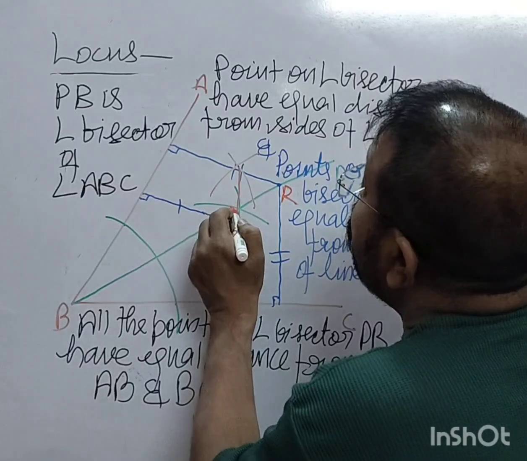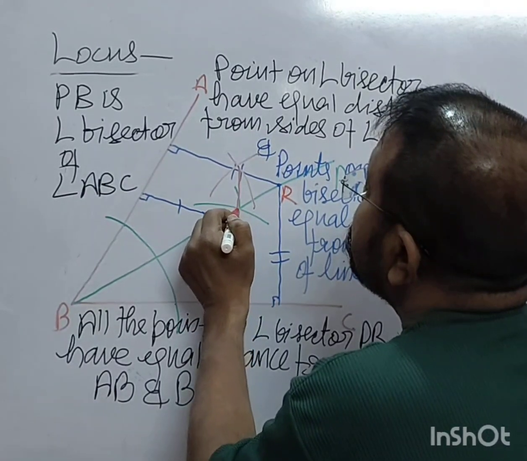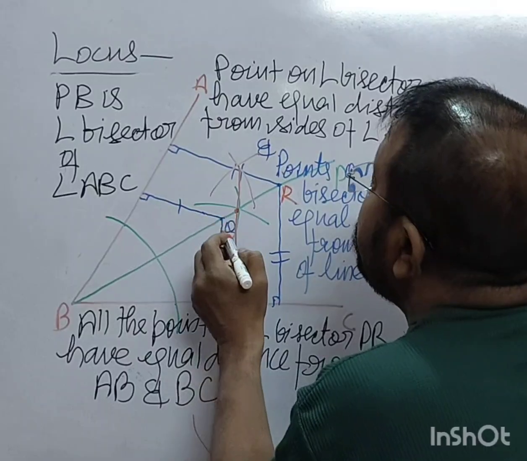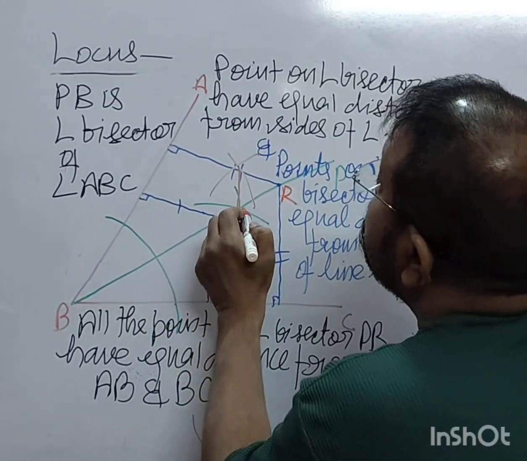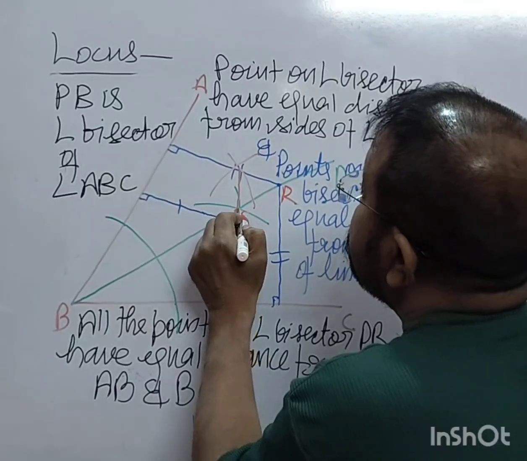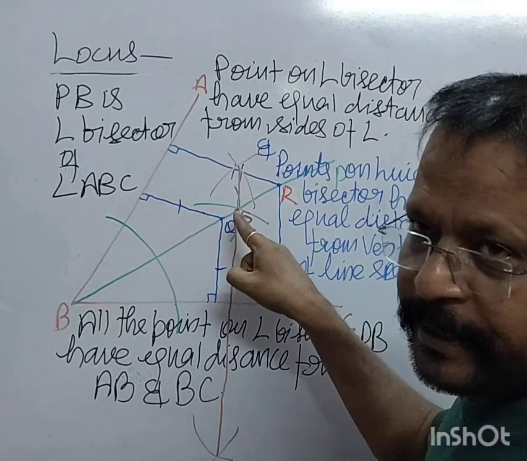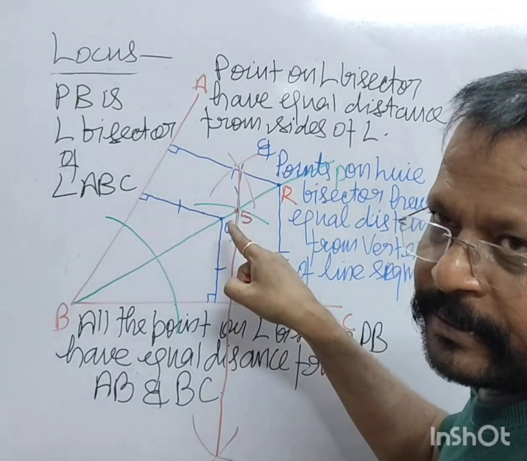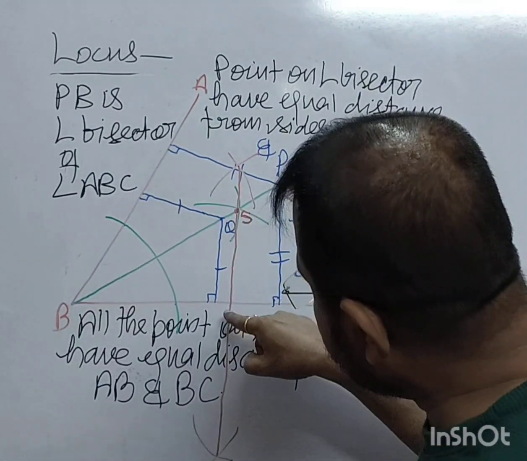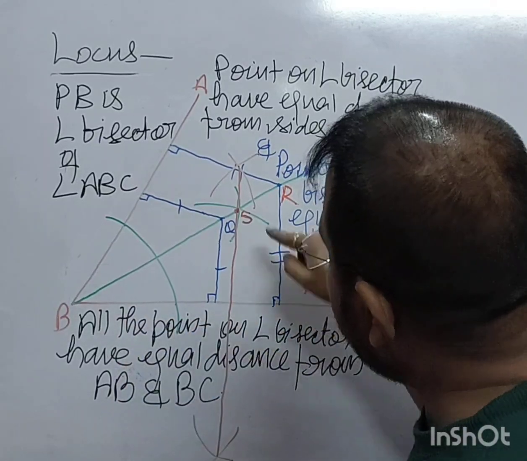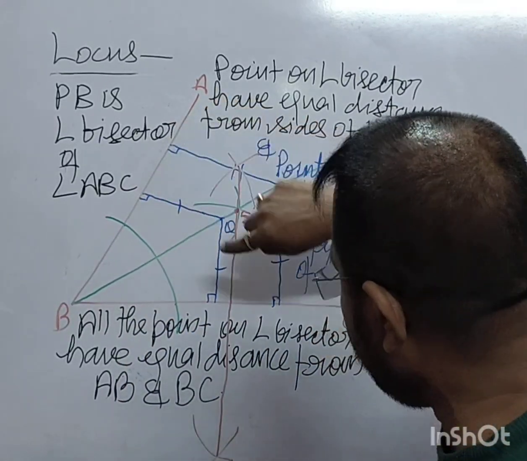So there is a point. We can say this. We have taken PQRS. This is S, which is on the line bisector also. It is having equal distance from these points B and C and equal distance from the sides AB and BC.